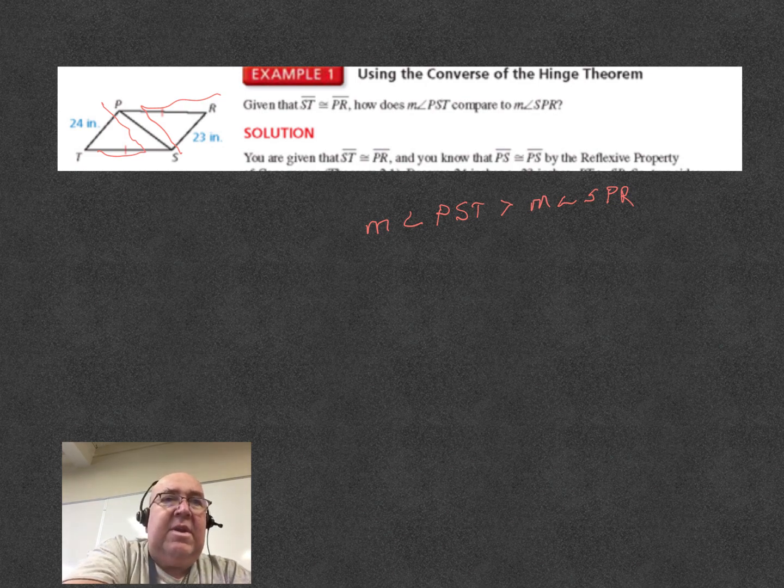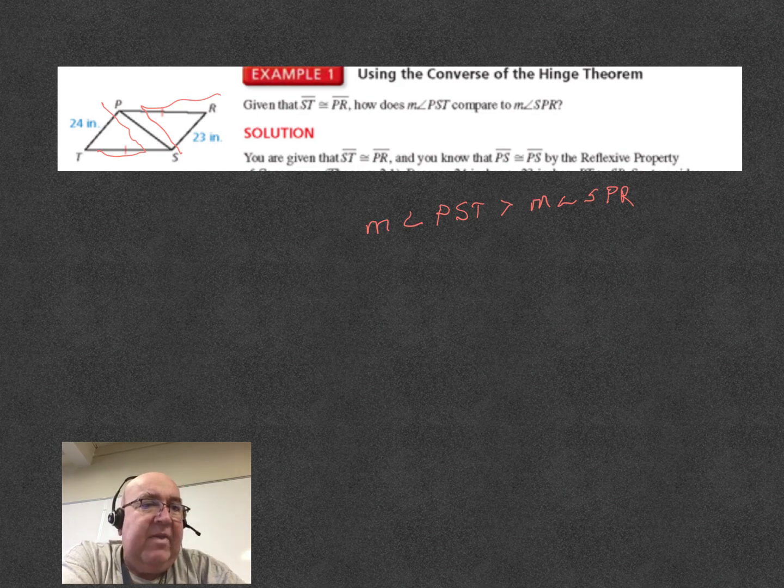So we know that they're not the same triangles, we know that they're not congruent, we know that we have a larger angle on the bottom triangle than on the top.